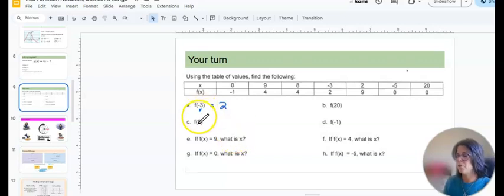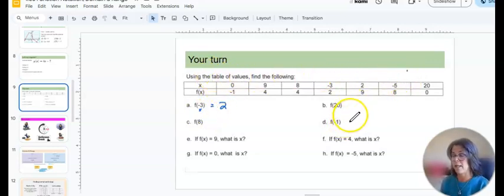So when you have something in place of the x, all you have to do is look for it in the x column and write the corresponding f of x value. Remember, this means y, the answer, the output. If it's the other way around, if they give us the answer, they're telling us what the y is.